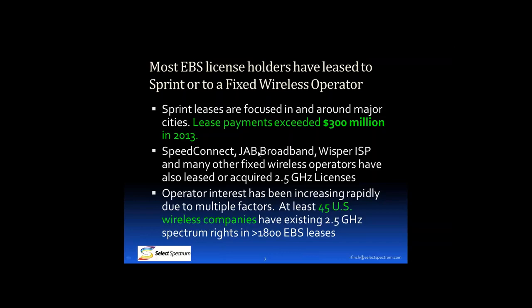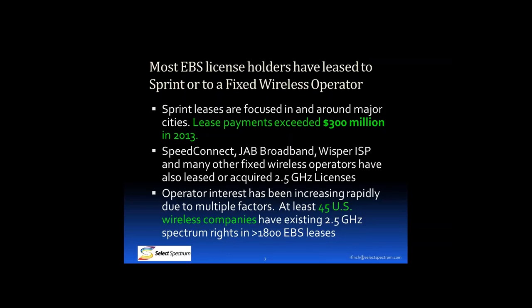We're seeing a huge increase in the demand for these licenses, substantially because this is not just a domestic band, it's an international band. There's over 100 million Chinese now who have devices that operate in these frequencies. And so that has tended to push down the cost of the devices and the infrastructure that are required to use this band.